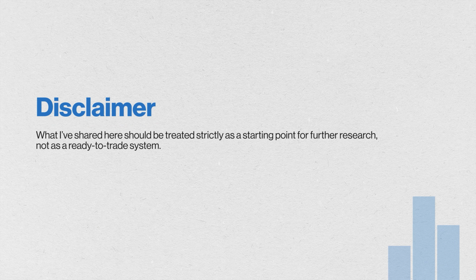Trading naked short options gives you theta advantage, but closer to expiry, it also exposes you to significant gamma risk. Either way, the key point is this. What I've shared here should be treated strictly as a starting point for further research, not as a ready-to-trade system.